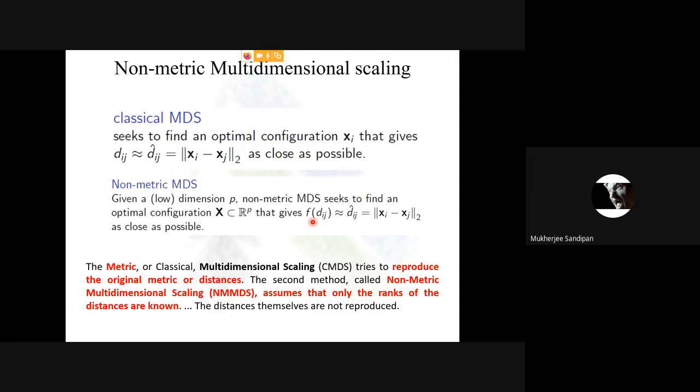The difference between metric and non-metric multidimensional scaling is that classical multidimensional scaling tries to reproduce the original metrics or distances, whereas non-metric multidimensional scaling assumes that only the ranks of the distances are known. The distances themselves are not reproduced.